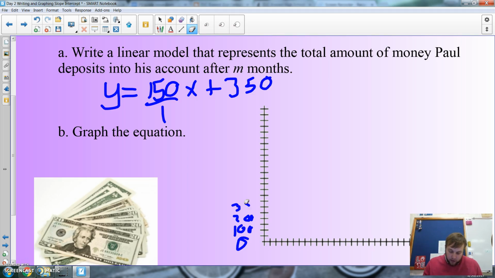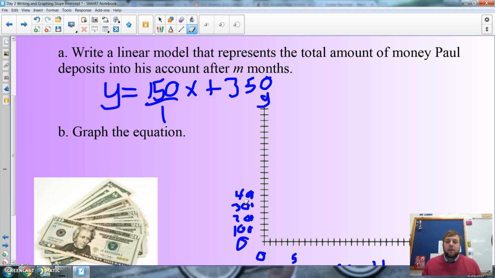So every mark is going to be 50. 350, 400. And this is going to be months again. And remember, X is almost always time. And this is going to be Y. So Y is money. And we'll just say 0, 1, 2, 3, 4, 5.